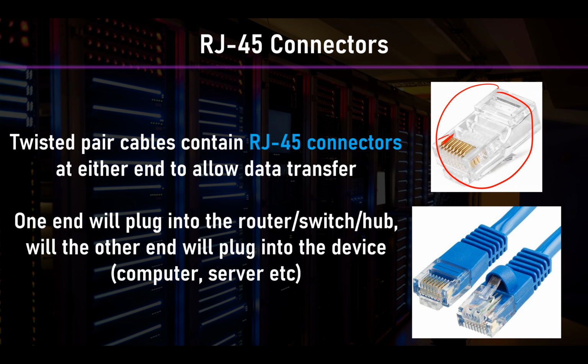Maybe you might even get some gold plated, if you want really fast. And these copper pins are going to connect to the twisted pair cables. This is then used to connect to your laptop, desktop, router, switch, or hub. And the other end we're connecting to the computer server.